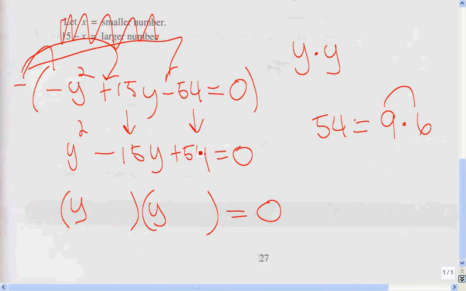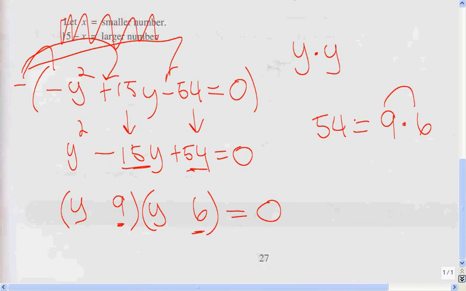The way you figure out whether your factor is correct is when you multiply it, it should give you your third term, and when you add or subtract it, it should give you your middle term. Here, when I add 9 and 6, I get 15, so that's the correct answer. I'm going to put a 9 here and a 6 here.